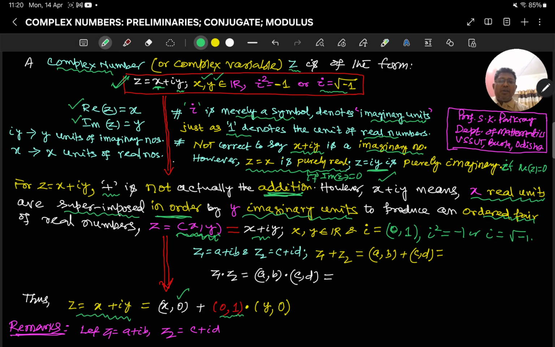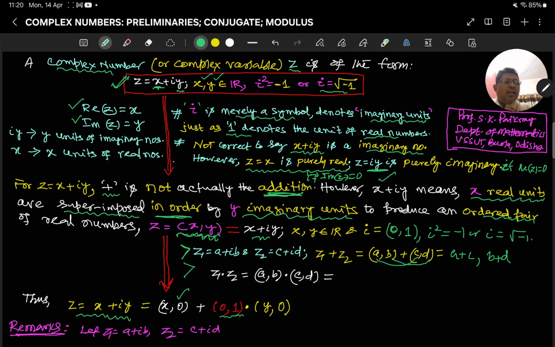Now if I multiply, prior to that let us see, suppose you have two complex numbers, z1 and z2. Then z1 plus z2 means the real part is added with the real part, so it is a plus c, and the imaginary part is added with the imaginary part, so it is b plus d.